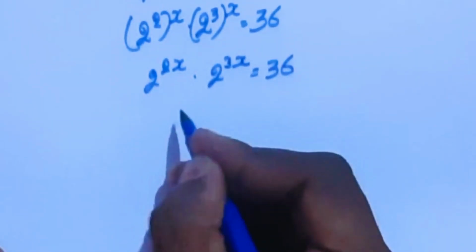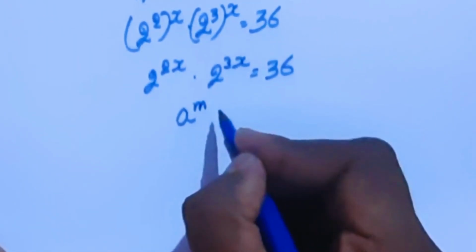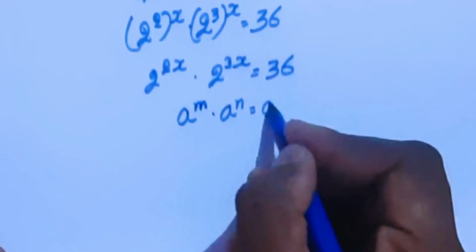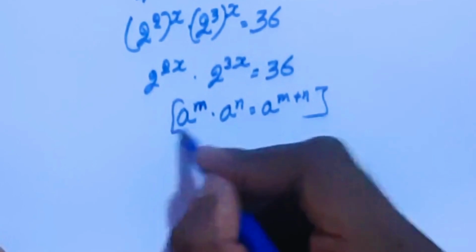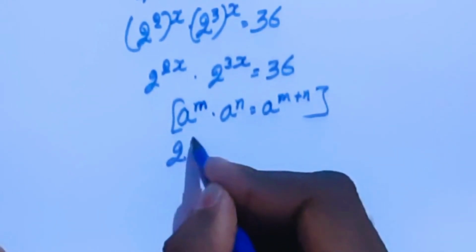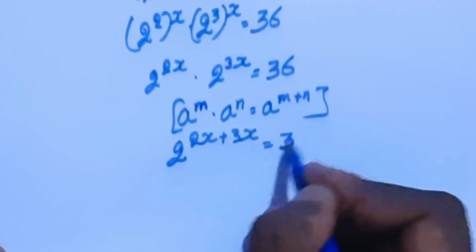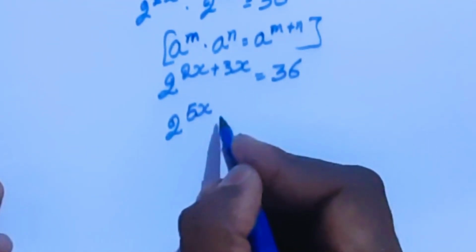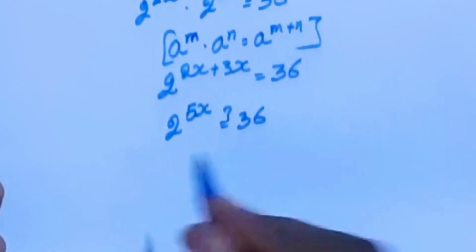Now according to this formula, that is a power m times a power n equal to a power m plus n, this formula we are going to apply here. So 2 power 2x plus 3x equal to 36. Now 2 power 5x equal to 36. This we are going to verify.